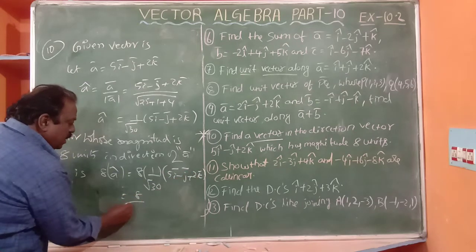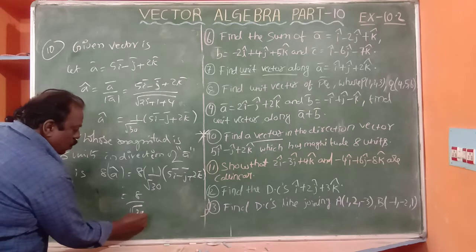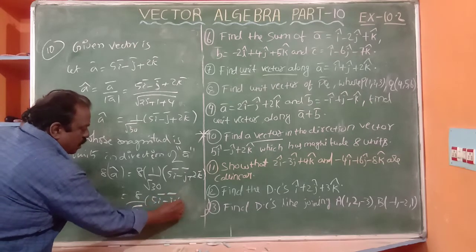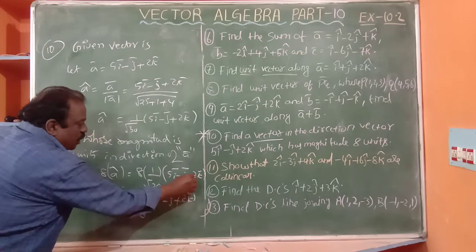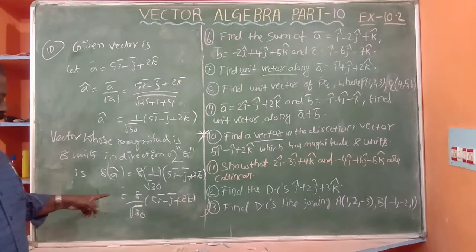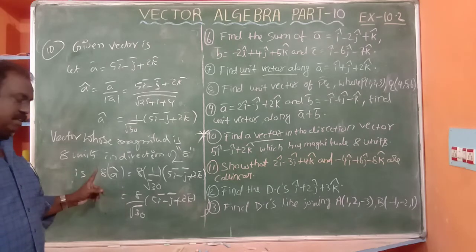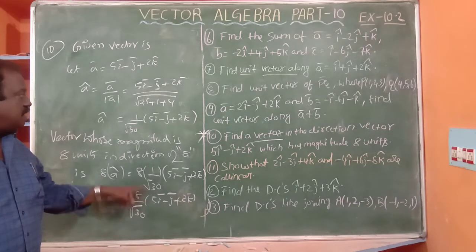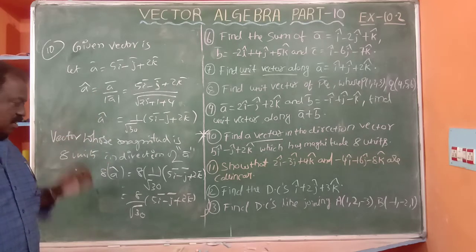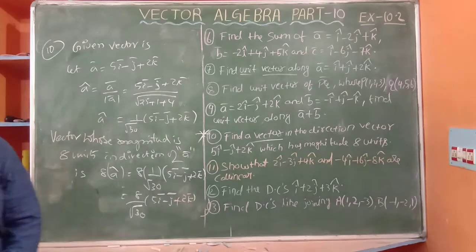So very clearly 8 by root 30 of 5i minus j plus 2k. This is the required vector whose length is 8 units but direction is the same as the given vector. Try to understand.